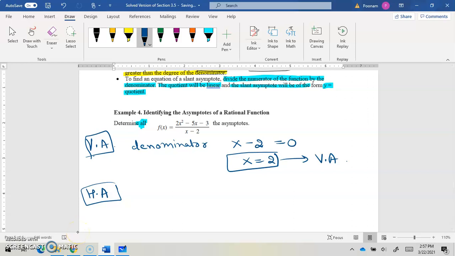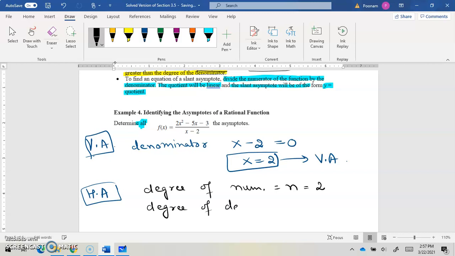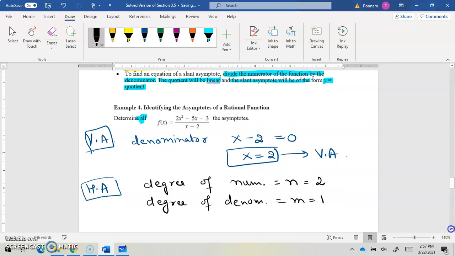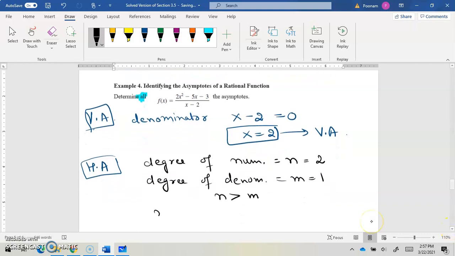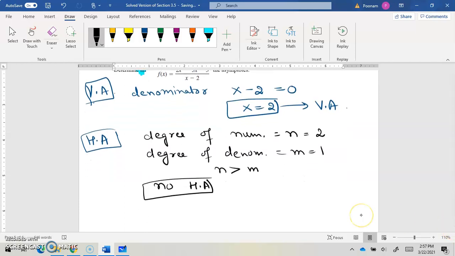For this, we need to find the degree of the numerator, which would be n, which is 2 in this case, and the degree of the denominator, which would be m, which is 1 in this case. n is more than m, so we will have no horizontal asymptote in this case. If the degree of the numerator is more than the degree of the denominator, then we will have no horizontal asymptote.